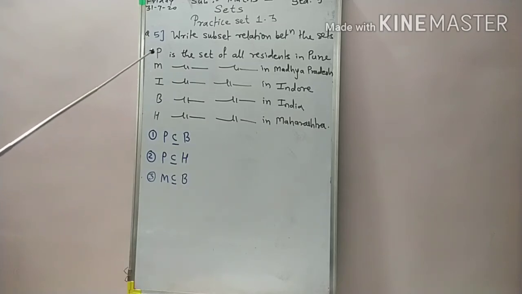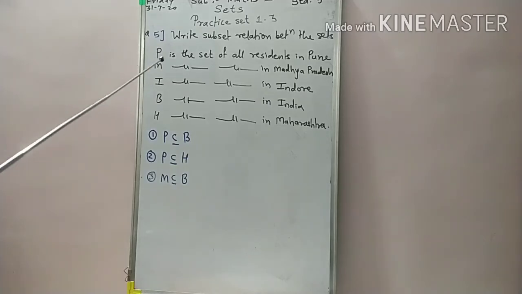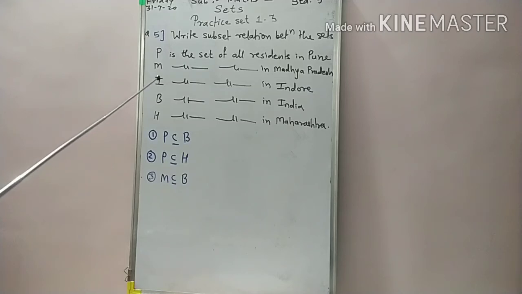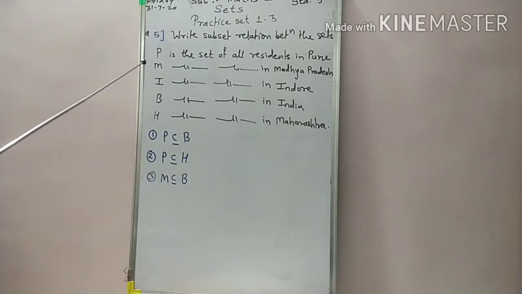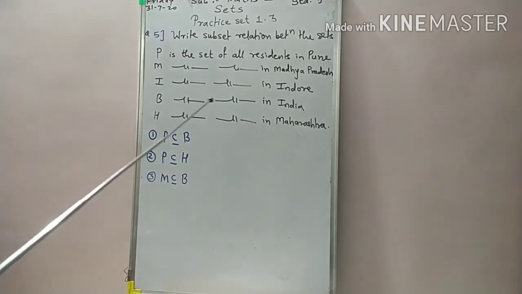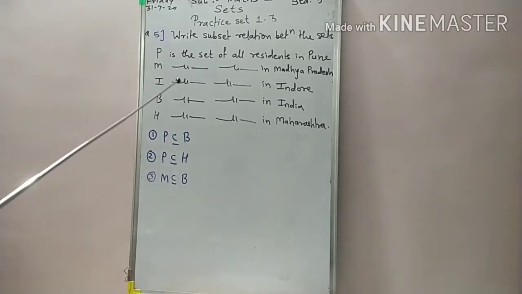So the first set is P, Pune; all the residents in Indore are not residents of Pune, so I is not a subset of P. But all the residents of Indore are the residents of what? Yes, Madhya Pradesh, because Indore is a city of Madhya Pradesh, and therefore we can say I is a subset of M. Similarly, Indore city is in India, so all the residents in Indore are residents of India.